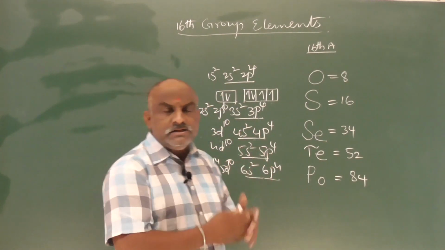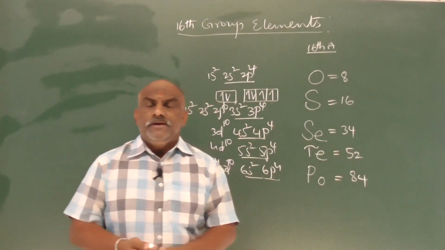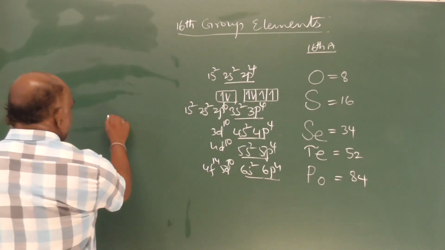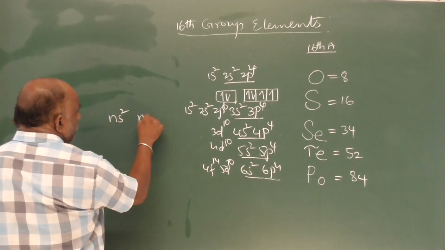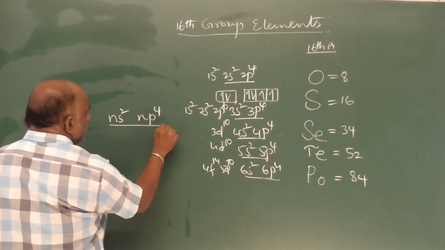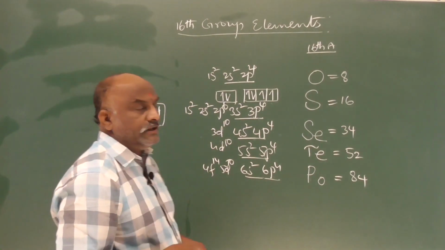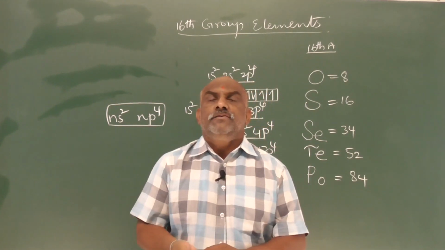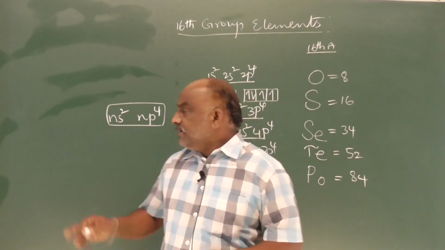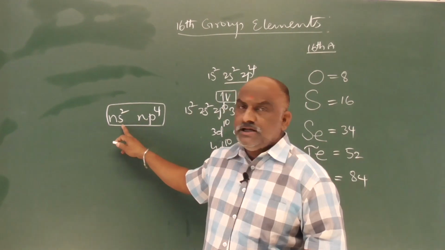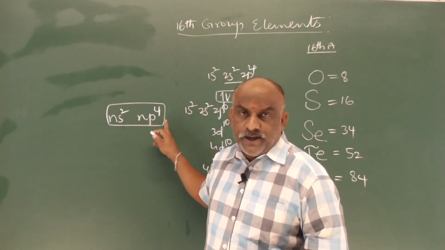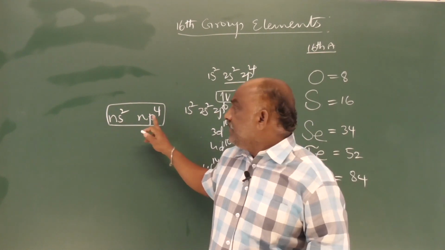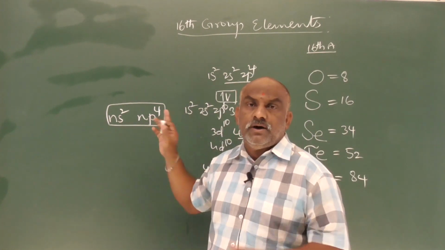So instead of writing all these, we give one simple general electronic configuration, ns2 np4. Make a note, my dear students, this is an important point. General electronic configuration of 16A group elements: ns2 np4, the s orbital is completely filled with 2 electrons, and the p orbital is partially filled according to Hund's rule.